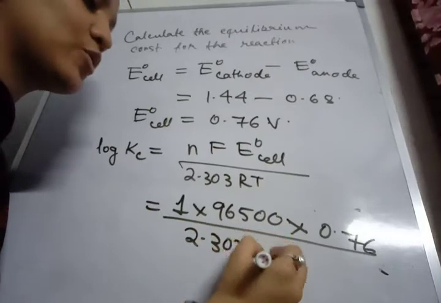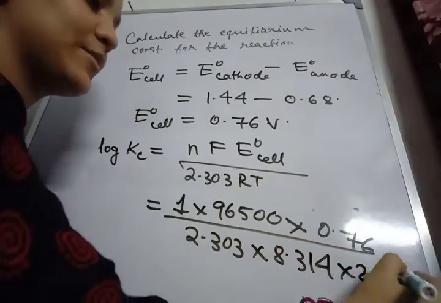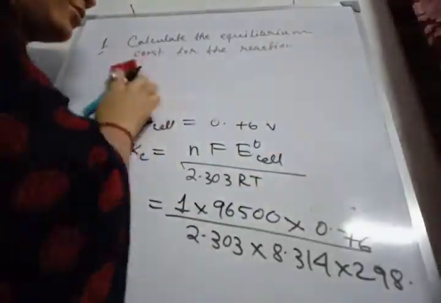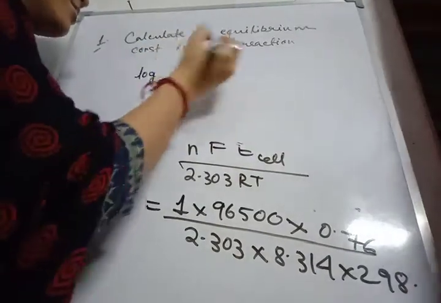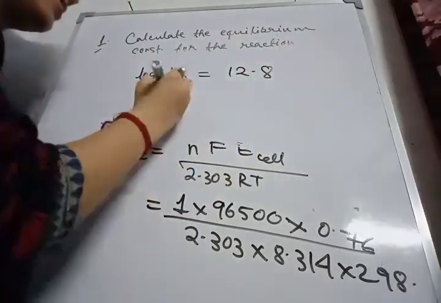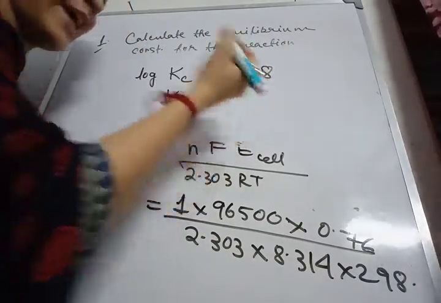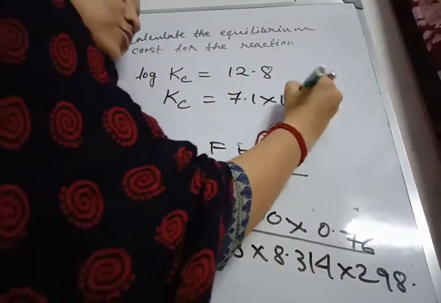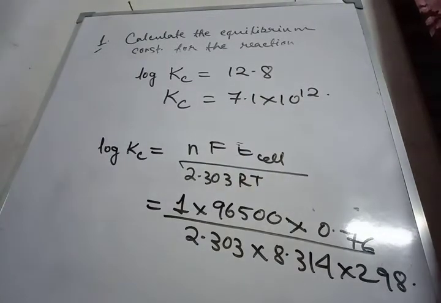Denominator is 2.303 into 8.314 into 298 Kelvin. If I do the calculation, what do I get? log Kc equals 12.8, or Kc will be equal to the antilog of 12.8, which is 7.1 × 10^12. So this is my equilibrium constant for the reaction.